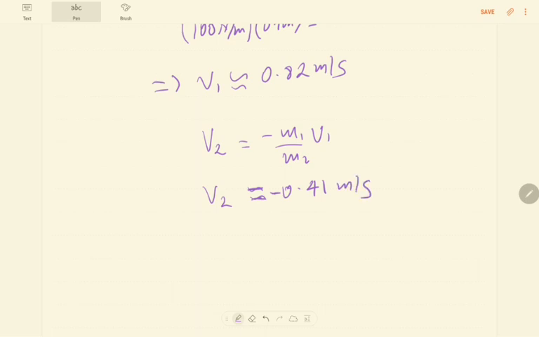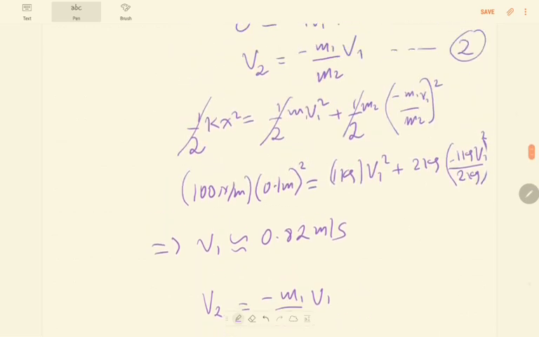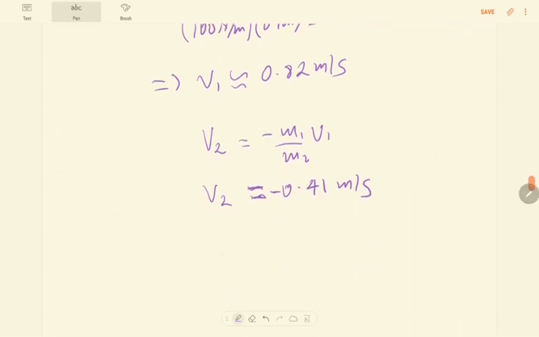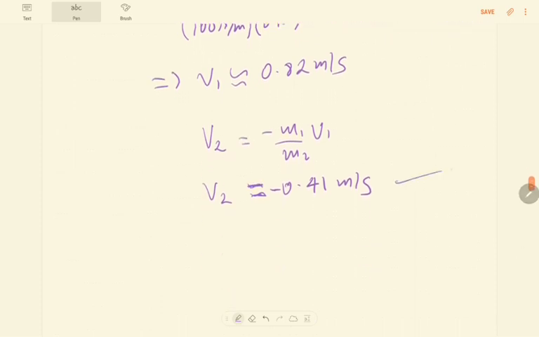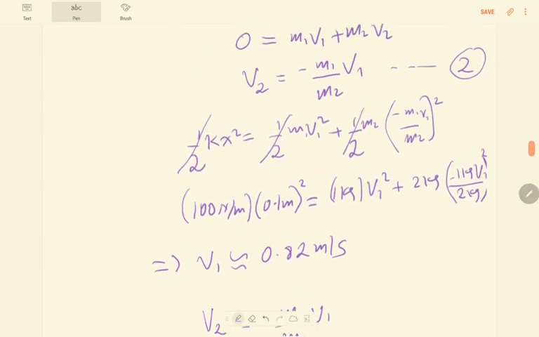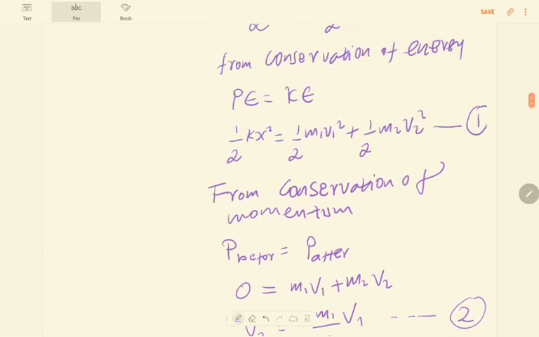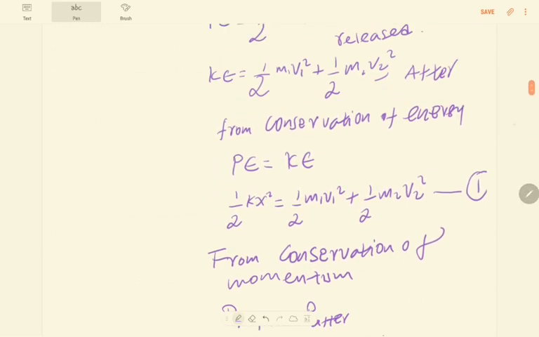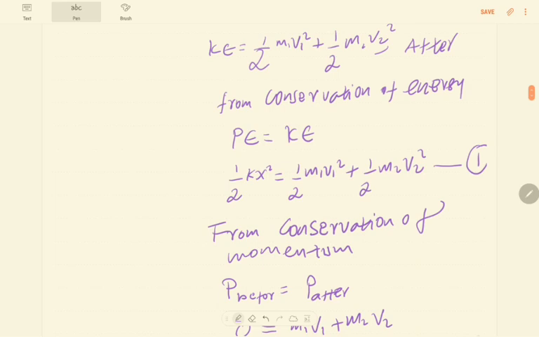So block 2 moves to the right, block 1 moves to the left. They move in opposite directions. So this gives you the desired result, the velocity of each block.